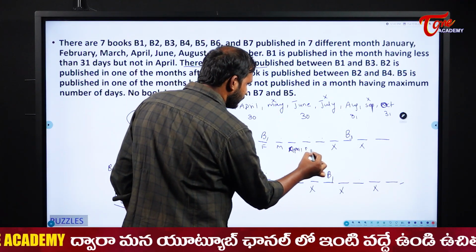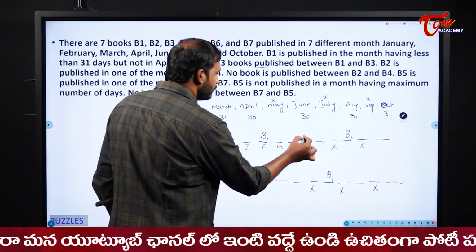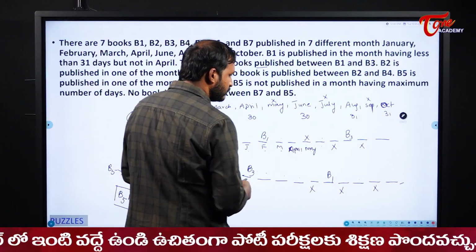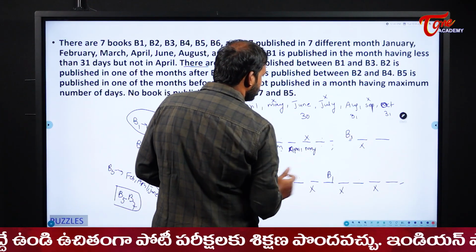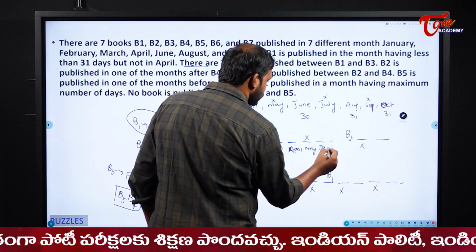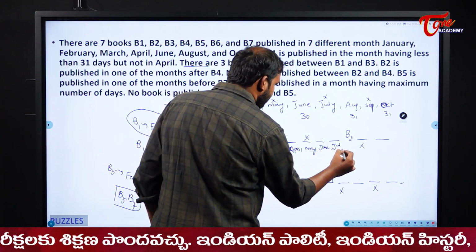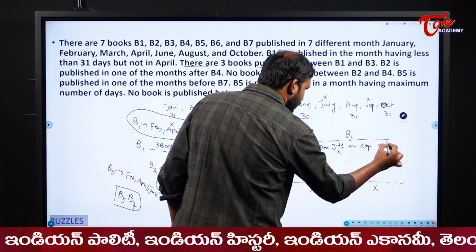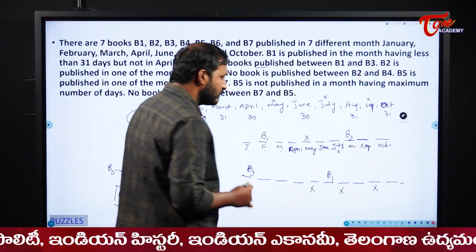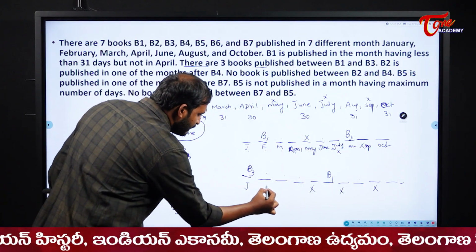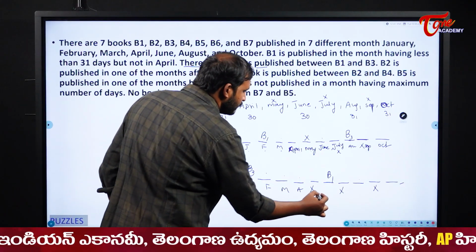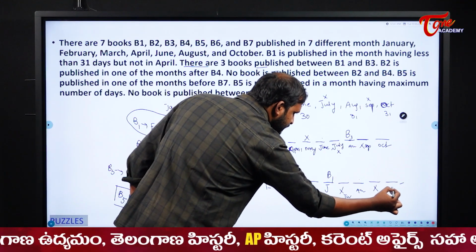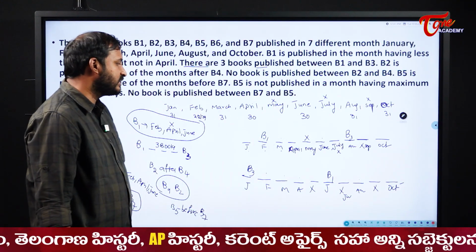January, February, March, April, May, June, July, August, September and October. I made a cross mark wrongly. Next, January, February, March, April, June, July, August, September and October, right? So this is the order for me here.